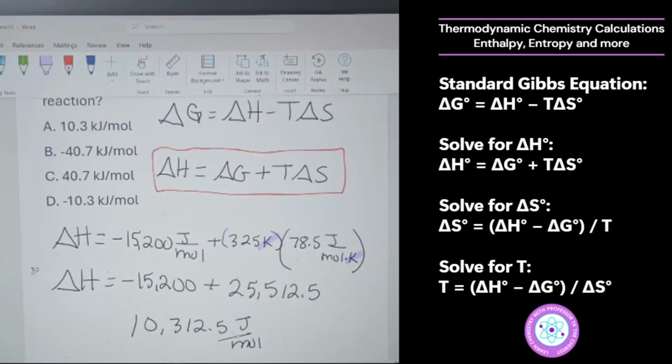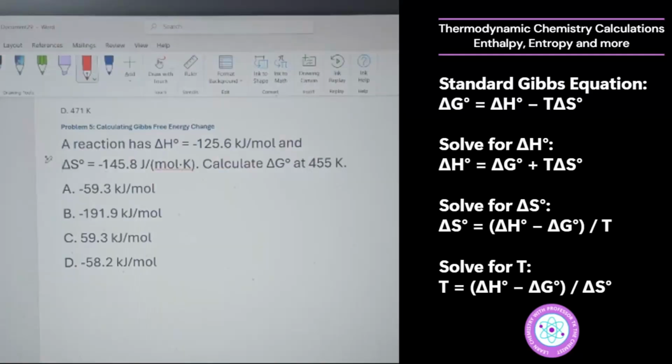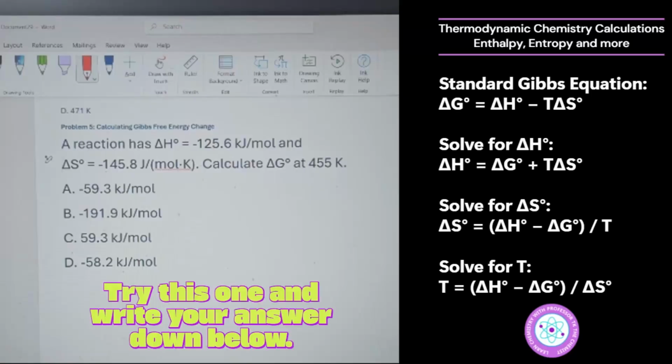In kilojoules. So what you're going to do, you're going to divide this number right here by 1,000. Okay? Divide that by 1,000. And you end up with letter A. Okay. Number five.